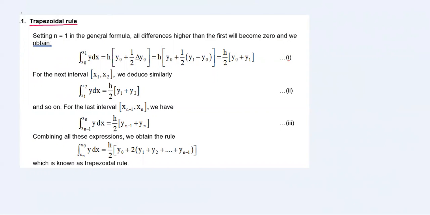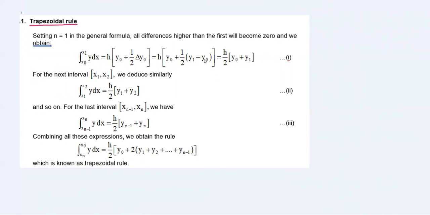So when we set n equal to 1, we are approximating one step, x naught to x1. The approximation will be h times y naught plus half delta y naught. Now delta y naught is y1 minus y naught.